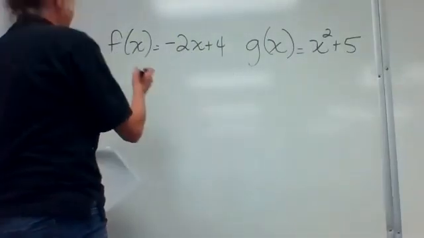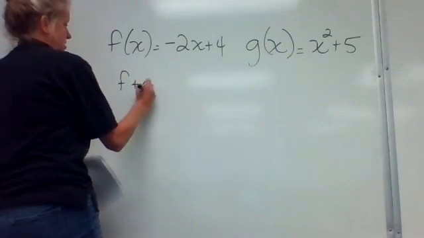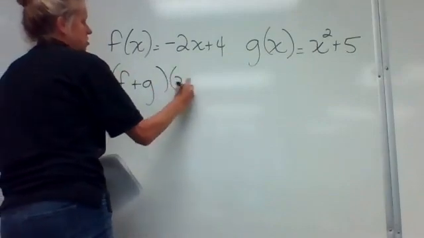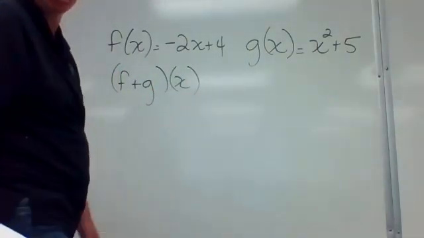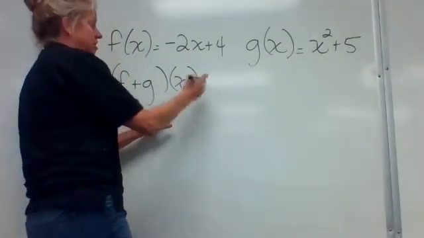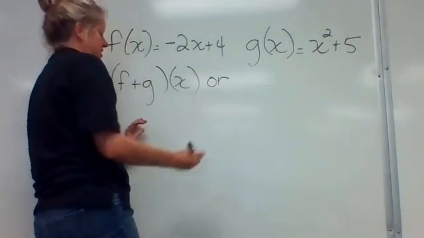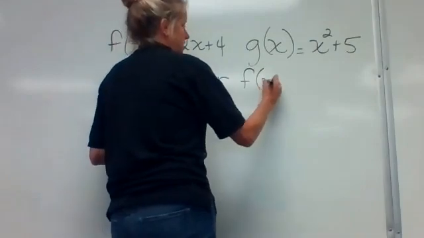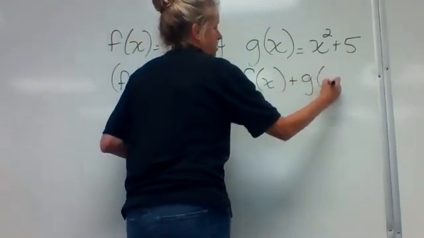It wants me to find f plus g of x. So it's just like what we were doing at the very beginning, actually, right? The other way to write this is f of x plus g of x.